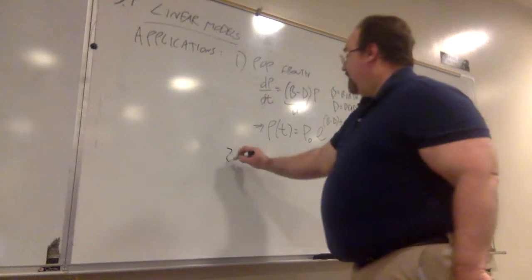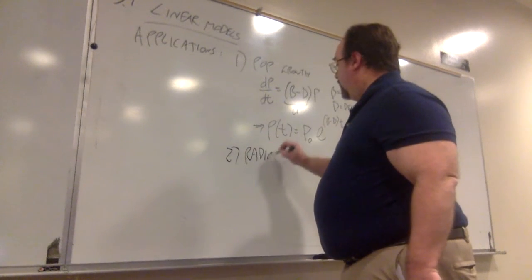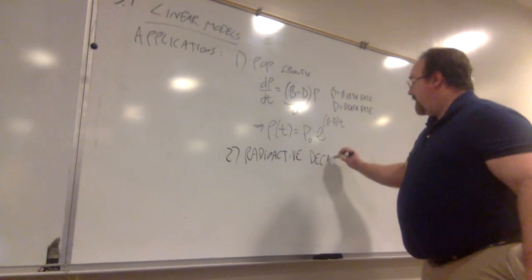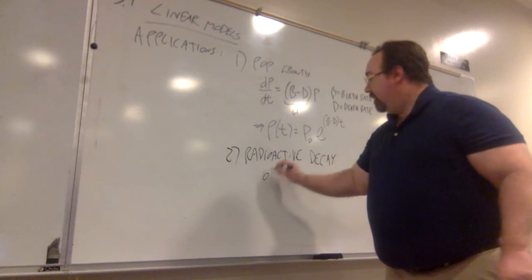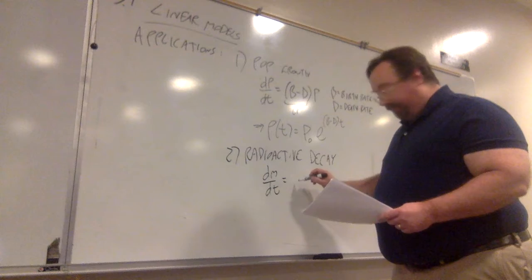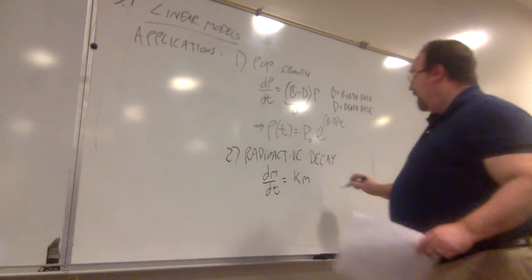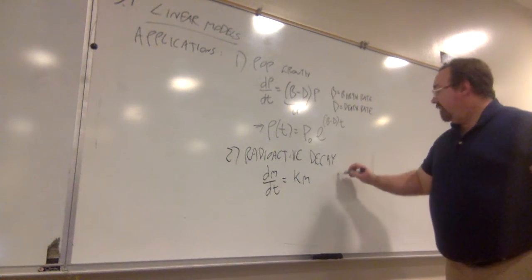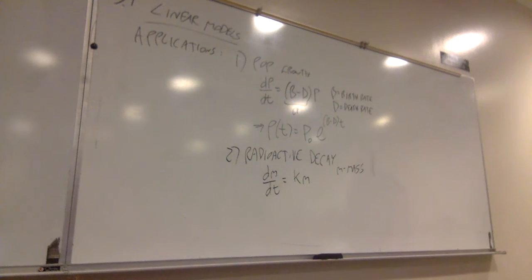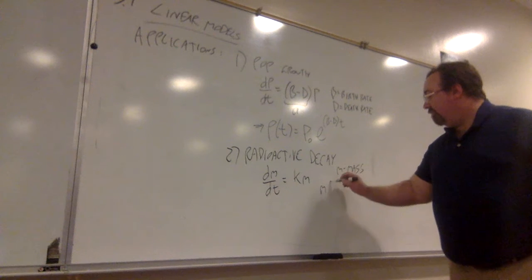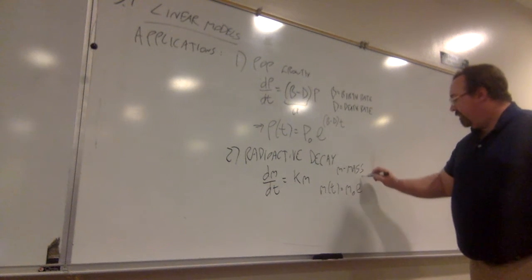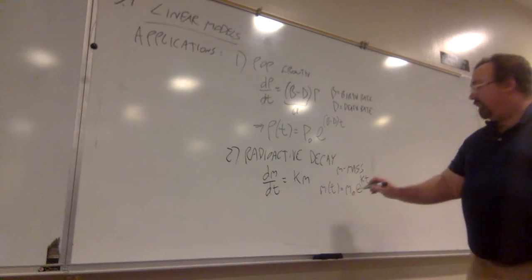Okay. Second one, radioactive decay. So dM/dt is k times M, where M is the mass of a radioactive substance. So the mass at time t is just the mass at the initial time, how much you originally have, times e to the kt.